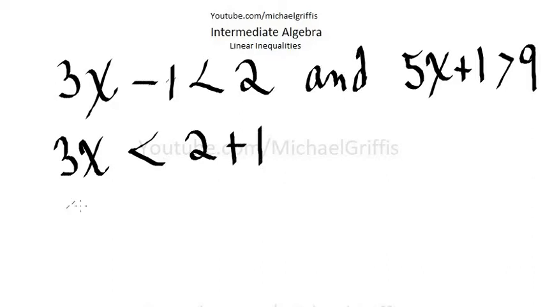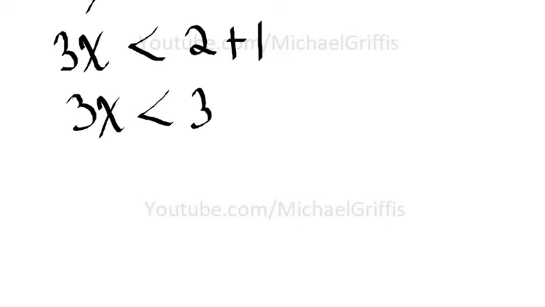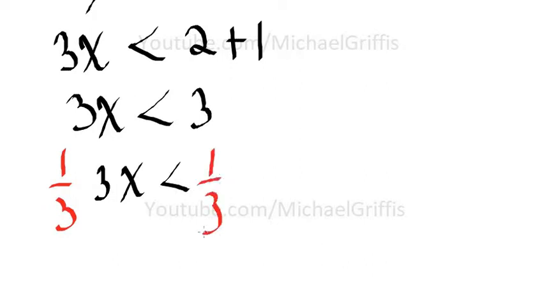At this point in the story, you should have a pretty good grasp of what's going on when we solve these linear inequalities. Now what we're going to do is multiply by 1/3, the reciprocal of 3, to both sides, and I'm going to be doing a shortcut on that soon.